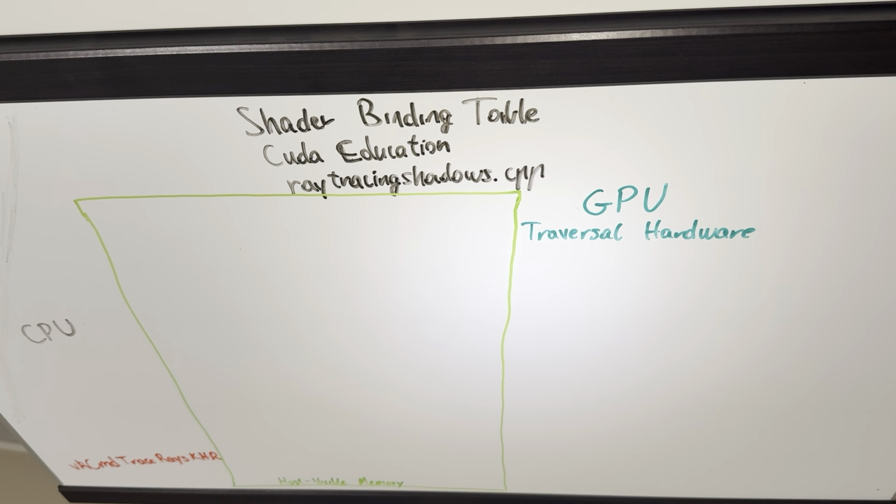And then we continue with this approach. So we have host visible memory, and then I'll even do a different color again.